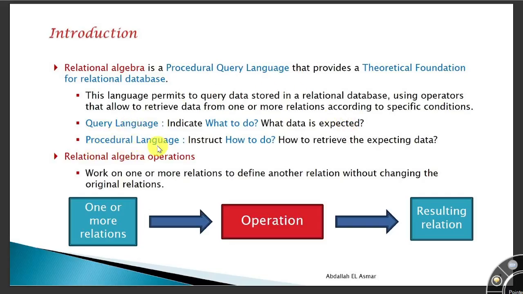However, a procedural language tells us how we can do this query, how to retrieve the data, in which way. So a query language is about what data we want to retrieve. However, a procedural language is about how to retrieve this data, how to do the query on this table or many tables, okay?